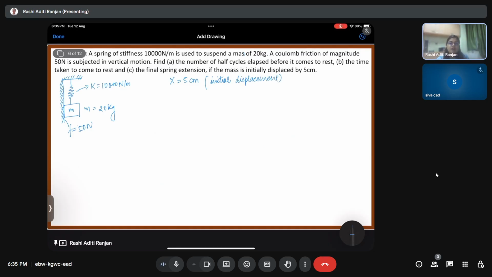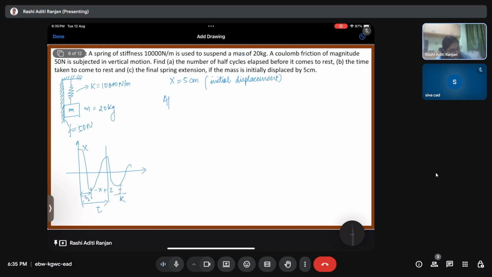Now coming on to calculating the number of half cycles. Firstly, what is the half cycle? If you remember, there was a plot like this. So this was a complete cycle, and this is what we call a half cycle. Okay, and for every half cycle, there is a reduction of how much? If this is x, this is minus x plus 2 mu n by k, or in this case, we already have the value of mu into n, which is F. Okay.